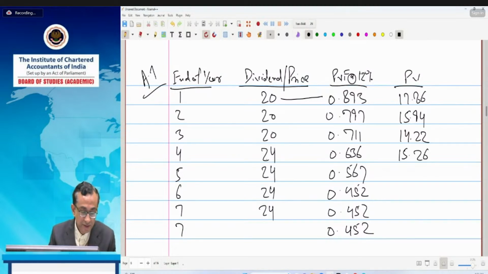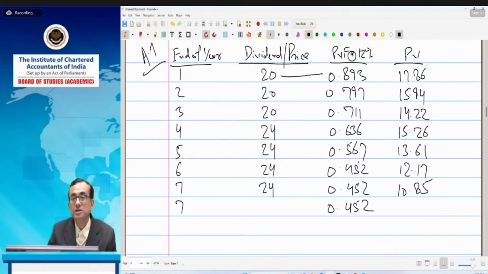For fifth year, it will be like this only, 13.61. Okay, for sixth year, it will be 12.17. For seventh year, it will be 10.85.